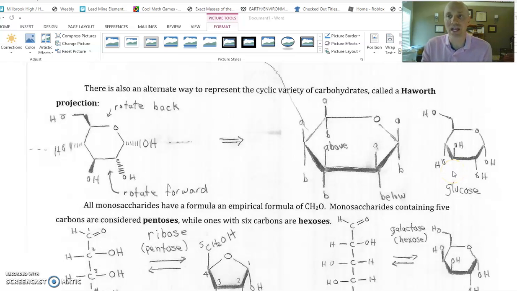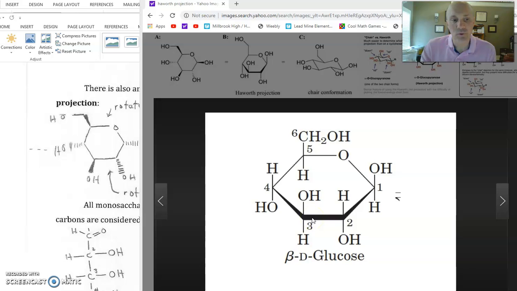Often when people are showing Haworth projections, they will show both the hydroxyl and the hydrogen. So for example, in this Haworth projection of glucose, you'll notice that not only do they show the position of the hydroxyls relative to the ring, but they also have hydrogens shown on the opposite sides.